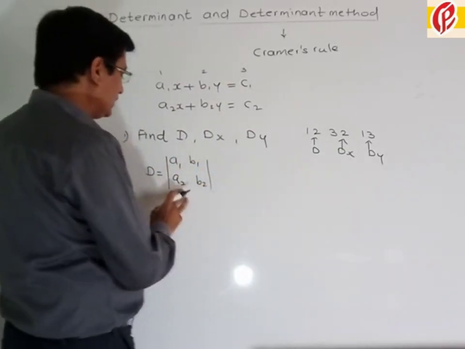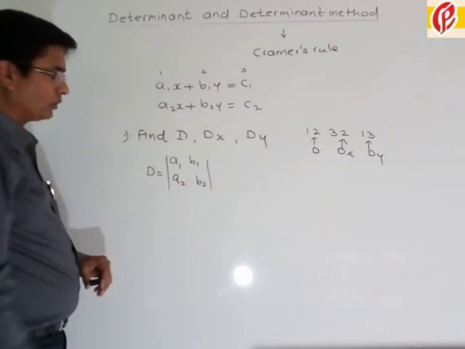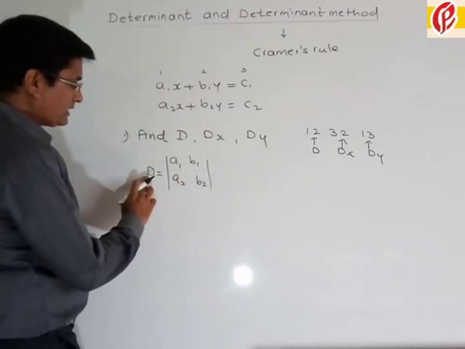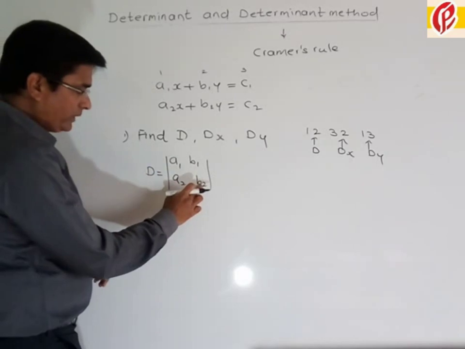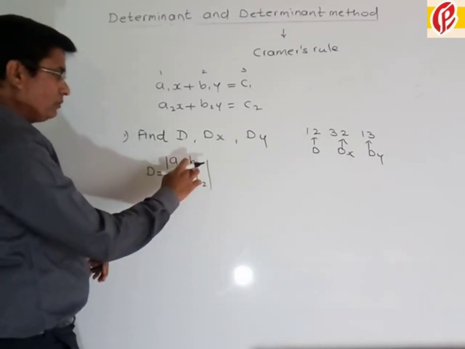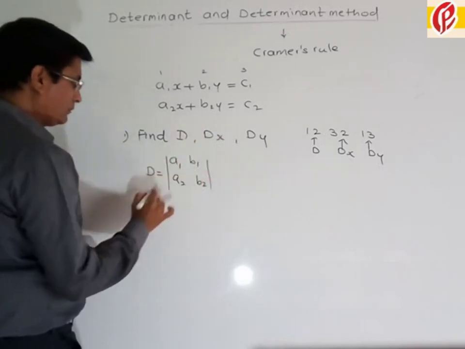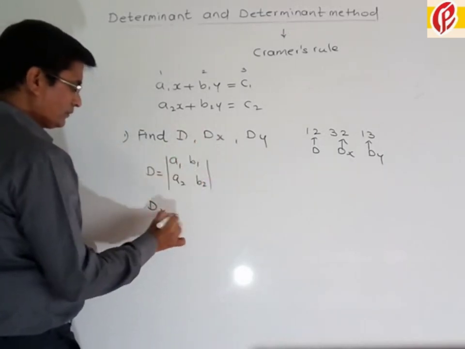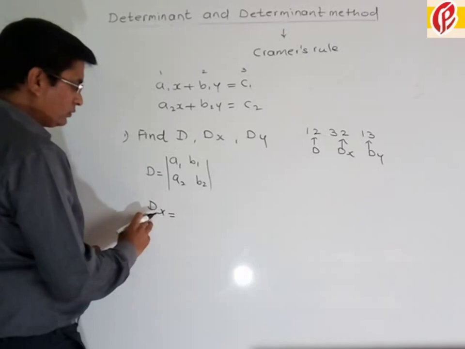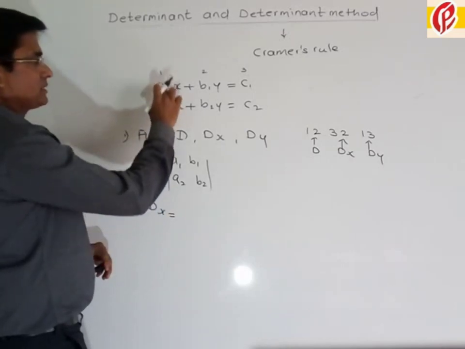Then find the value of the determinant by the formula. How to find the value of the determinant? It is a1 into b2 minus b1 into a2. Next, find the determinant Dx. Dx means remove the coefficient of x.